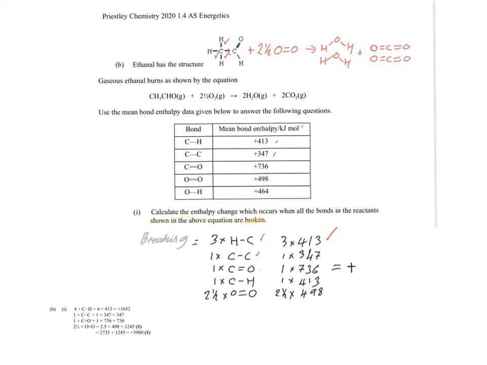I then see that I've got a carbon-oxygen double bond, so I cross that one out, and that is one lot, 1 times 736. Notice here that double bonds, multiple bonds, require much more energy to break because you've got almost twice the electrostatic attraction to overcome. So double bonds require a lot more energy to break.